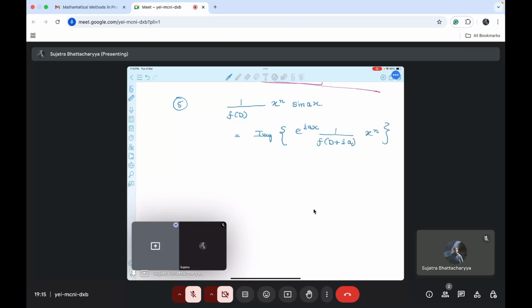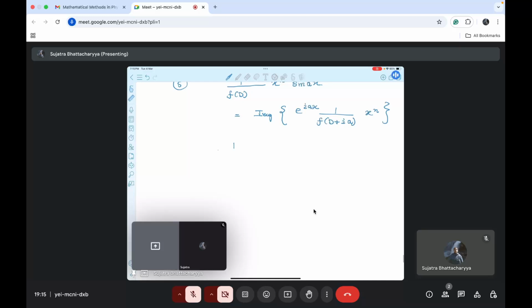This is the solution. Now, if you have 1 upon f(D) on x to the power n cos of ax, then it will be the real part of the same e to the power iota ax, 1 upon f of (D plus iota a) on x to the power n. Just remember this. Clear? This is how you have to proceed.